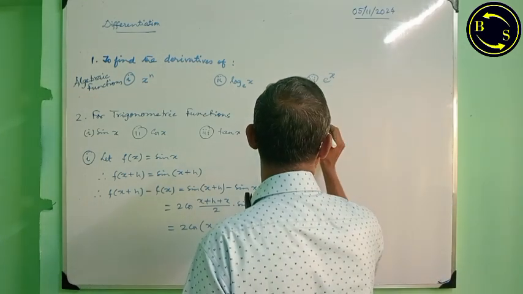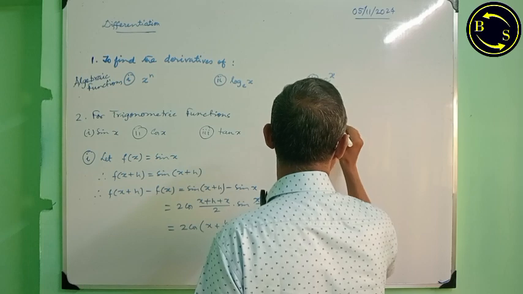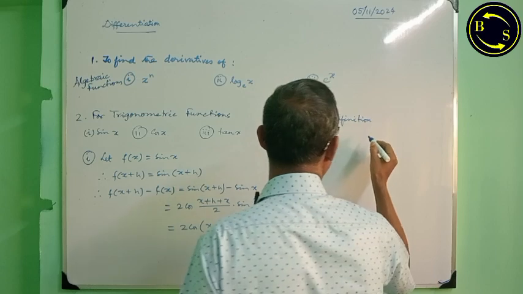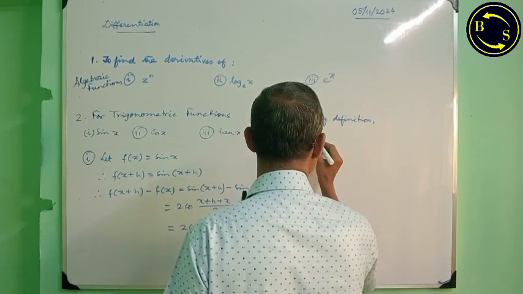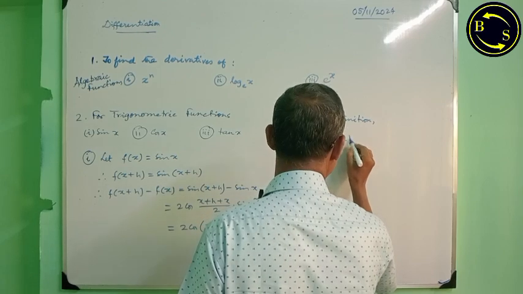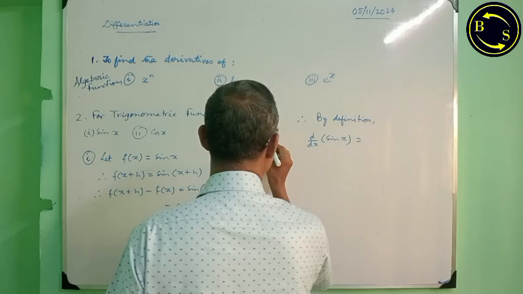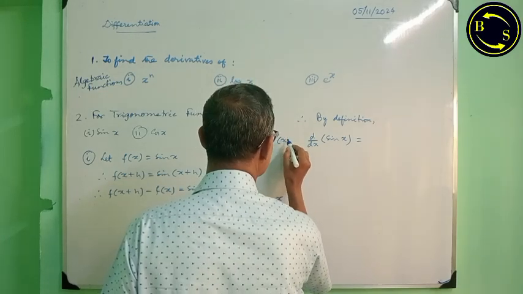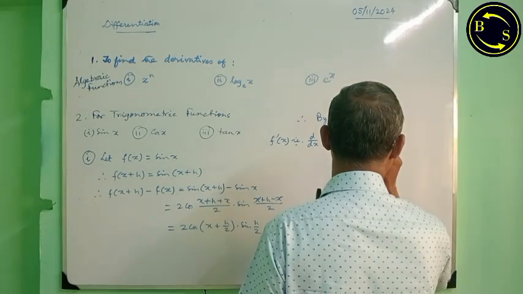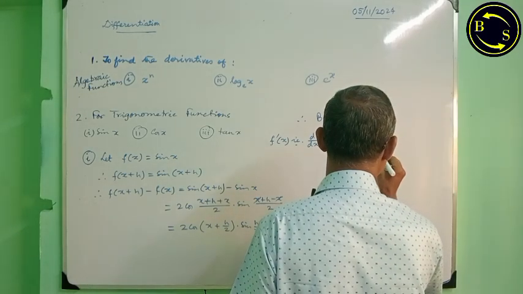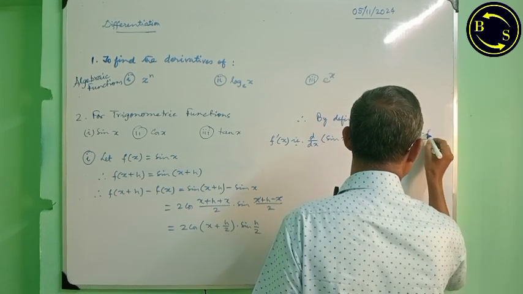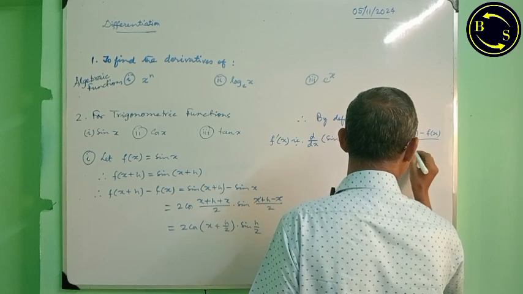Now you write, therefore, by definition, d/dx of sin x, you can write also f dash x, that is d/dx of sin x is equal to, write the original form first, f of x plus h minus f(x) divided by h.